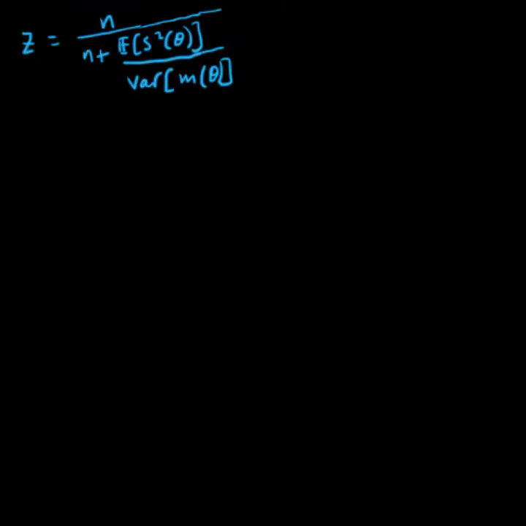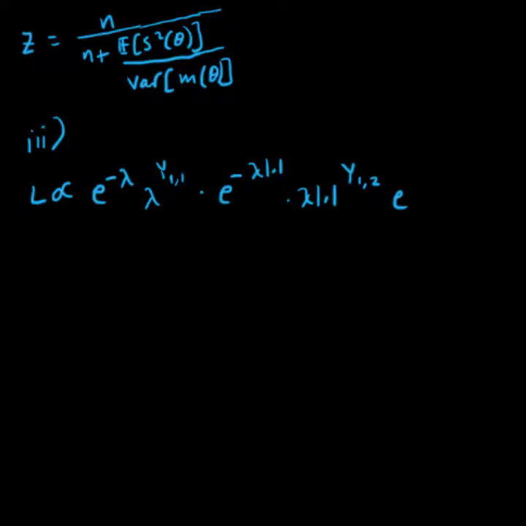Now, using the Poisson distribution and maximum likelihood, that's analogous to e to the negative lambda, which we don't know what it is, and then that's going to be quarter 1, year 1. And we're just going to keep multiplying that by e to the negative lambda 1.1, since lambda's now gone up by 10%, to the power of y1,2, still quarter 1, year 2. And then we've got e to the negative lambda 1.1 squared, lambda 1.1 squared to the power of y1,3.